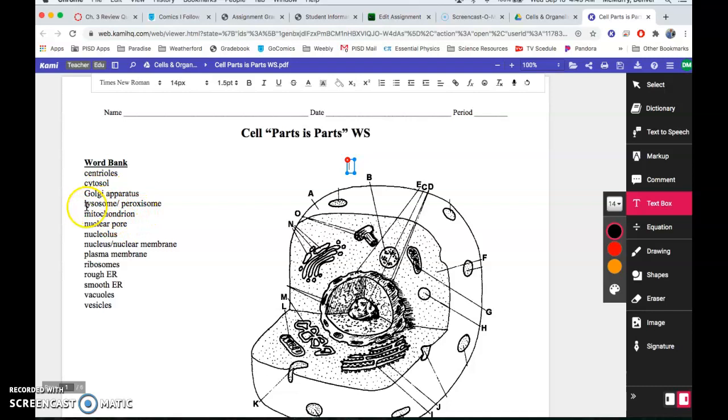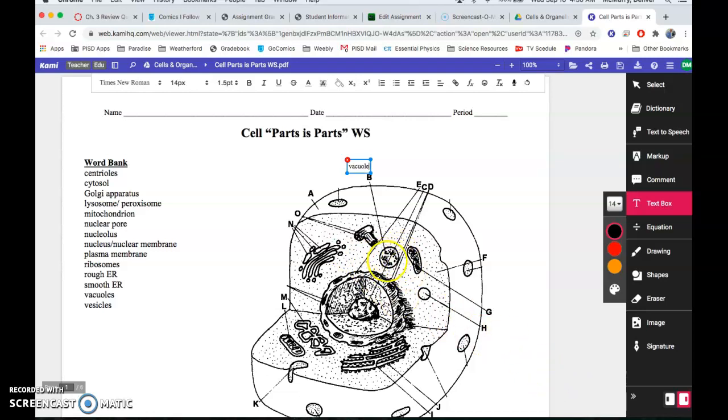Now, talking about lysosome and peroxisome, notice you'll also have vacuoles. Vacuoles and lysosome peroxisome look similar. They're just circles with a little bit of little particles inside that are either being stored, in the case of vacuoles, or they're being digested and broken down in the case of lysosomes. So, generally speaking, vacuoles are going to be larger. So V, for example, here is the biggest thing floating around with stuff in there.